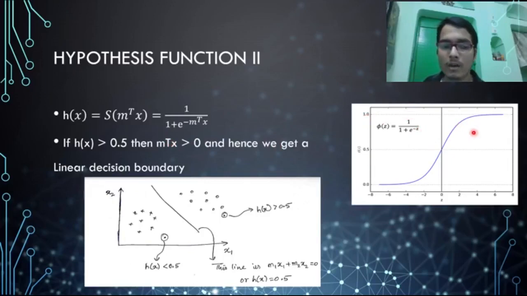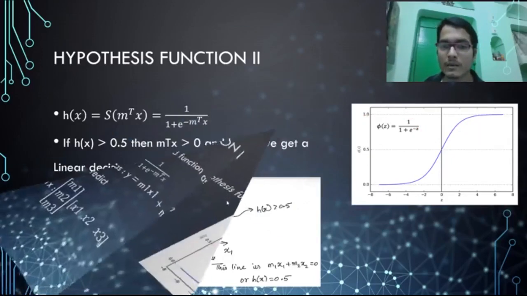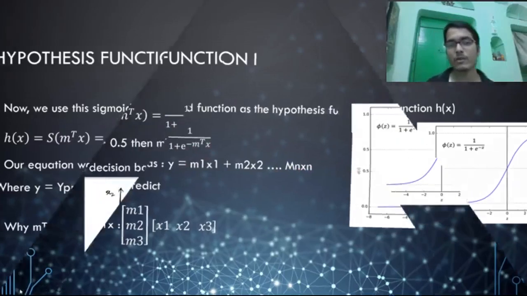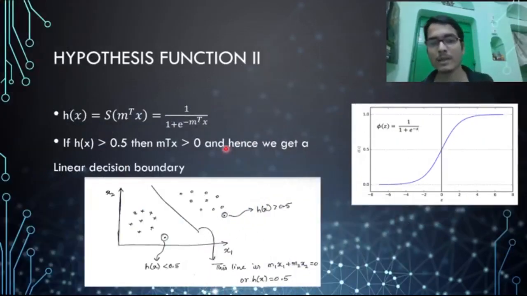Then from the last equation, m transpose x is this linear equation. So if I tell you m1x1 plus m2x2 all the way till mnxn is greater than 0, this is an inequality which is basically giving a linear boundary. So m transpose x greater than 0 is a linear decision boundary.